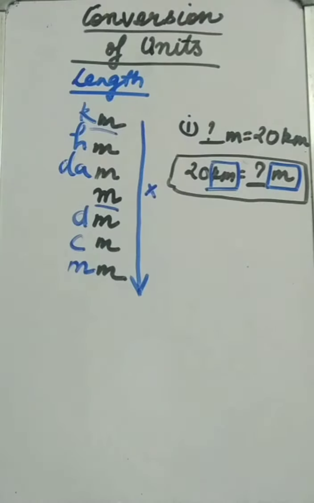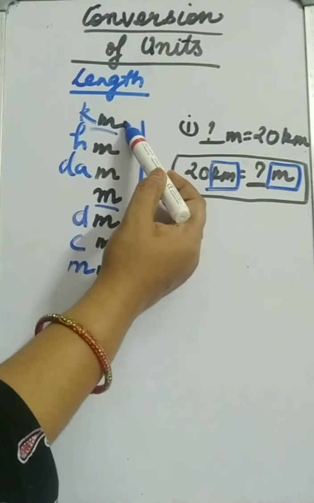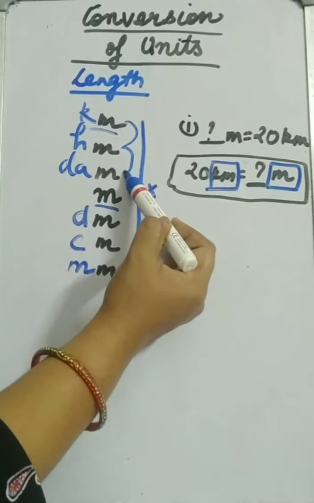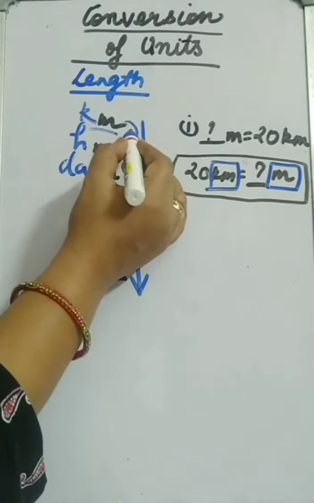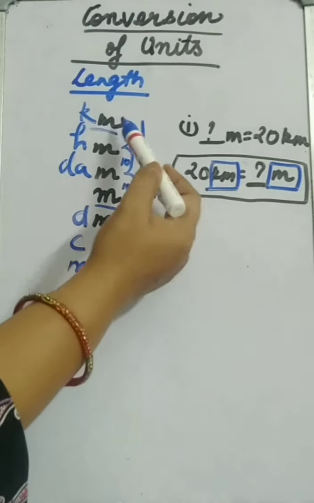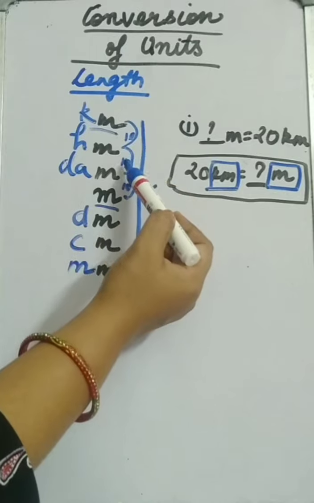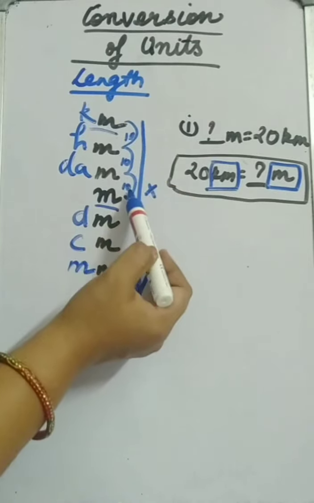Multiply with what? From kilometer, I will start making loops. One loop, second loop, and third loop. Each loop means 10. That means from kilometer to meter, I will multiply by 10 into 10 into 10, that means I will multiply the number by 1000.